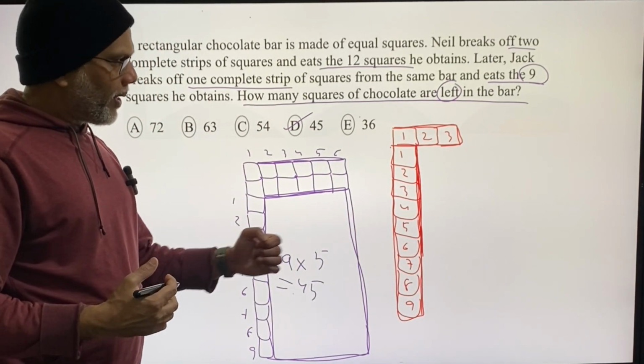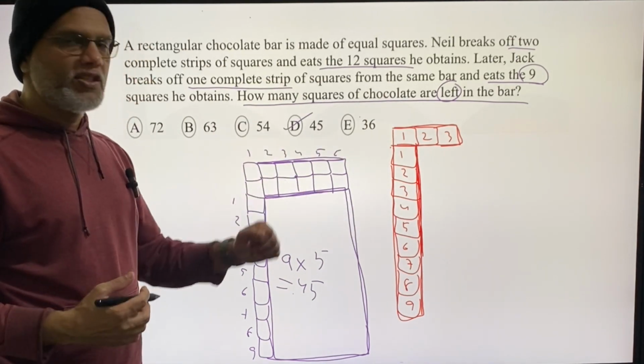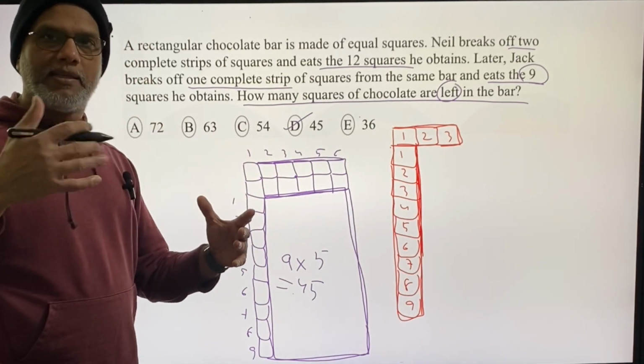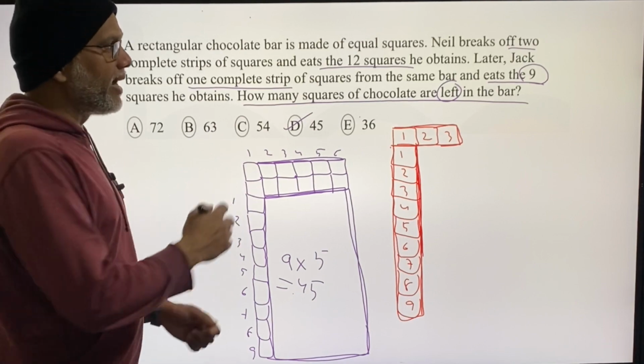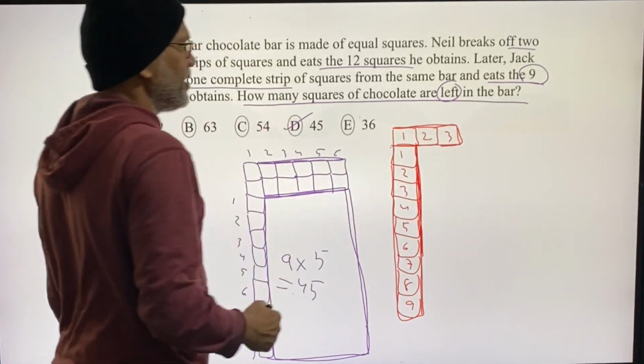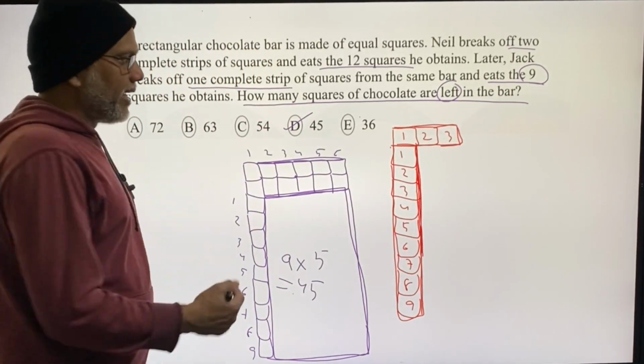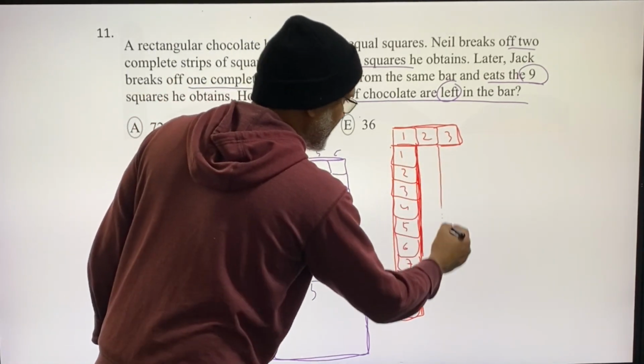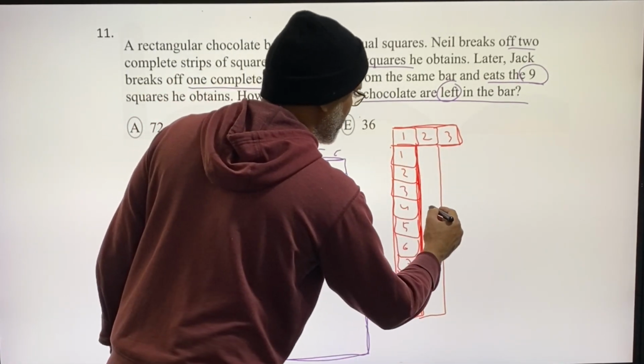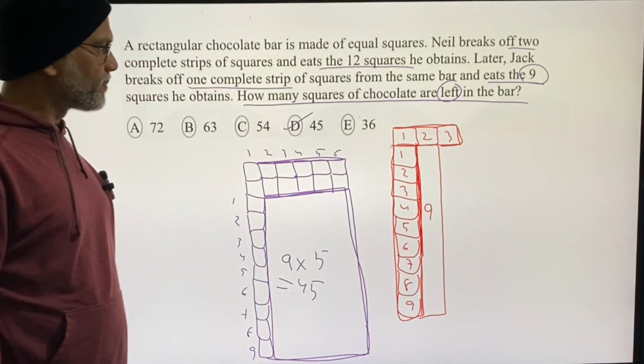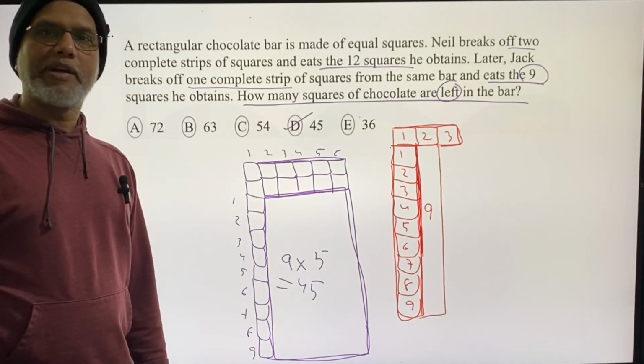So I'm breaking it 3 plus 9, not 4 plus 8 or 2 plus 10, because I know that later I need a strip of 9, right? And again later Jack can take this strip of 9, right? So this is a valid configuration.